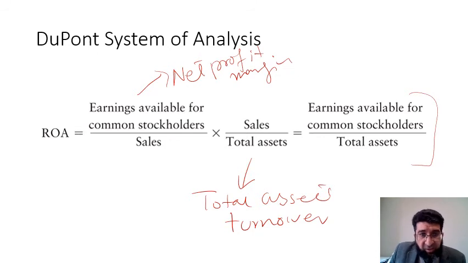But if sales increase while earnings remain the same, earnings remain the same, I'm putting a cross to say that it remains the same, and total assets remain the same, then this ratio will become smaller, and hence higher sales are actually not efficient in generating more earnings.